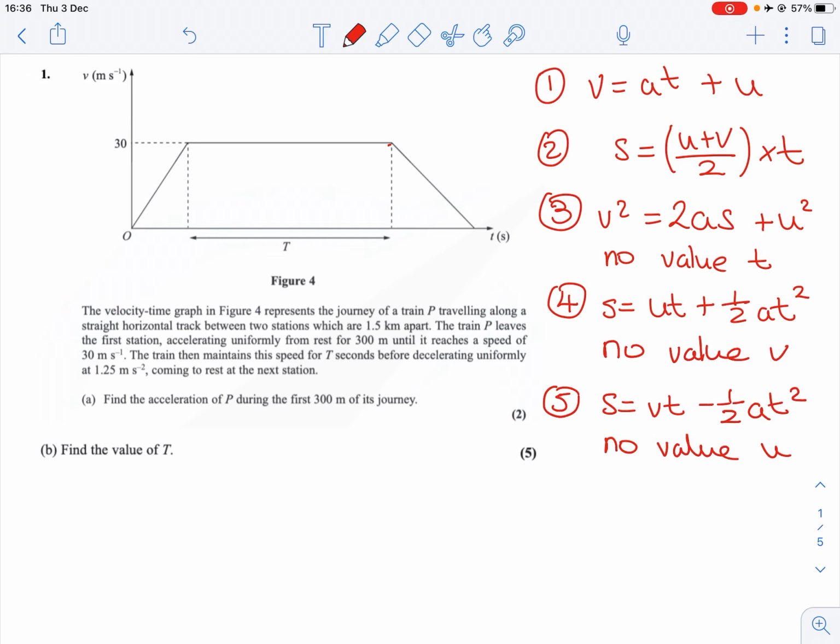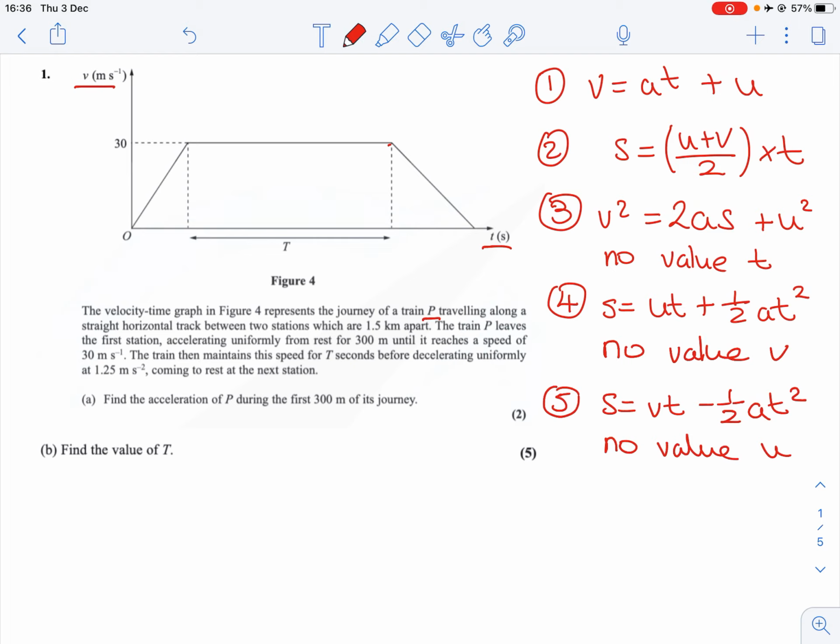So the velocity time graph. Here is a velocity time graph, and we have a train P traveling along a straight horizontal track between 2 stations. They are 1.5 kilometers apart.